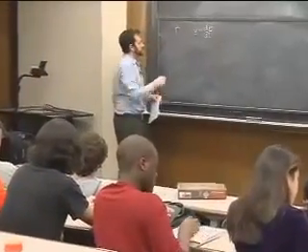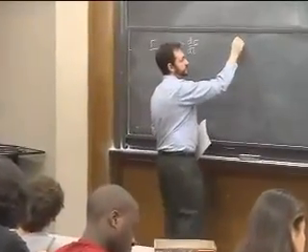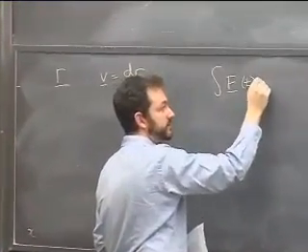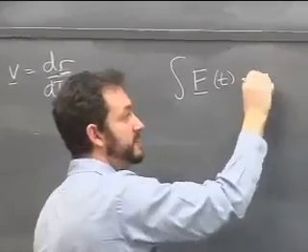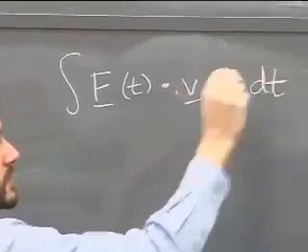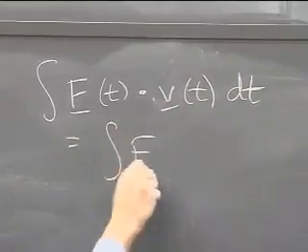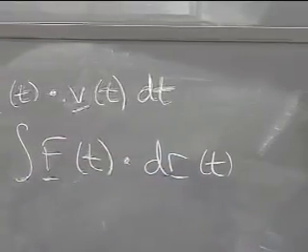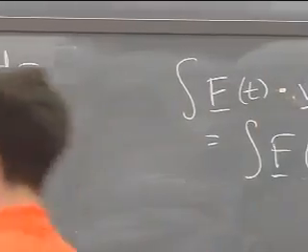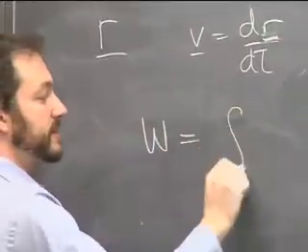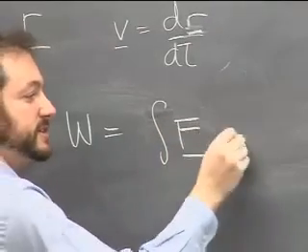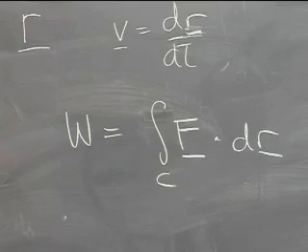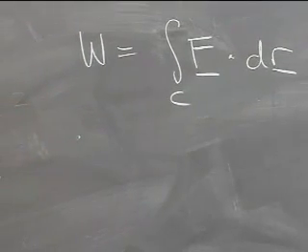So this integral F of t dot v of t dt is the same thing as F of t dot dr of t. And so often these line integrals, these work integrals, another way of writing it is just F dot dr instead of F dot T ds. So that's just a different notation for it.